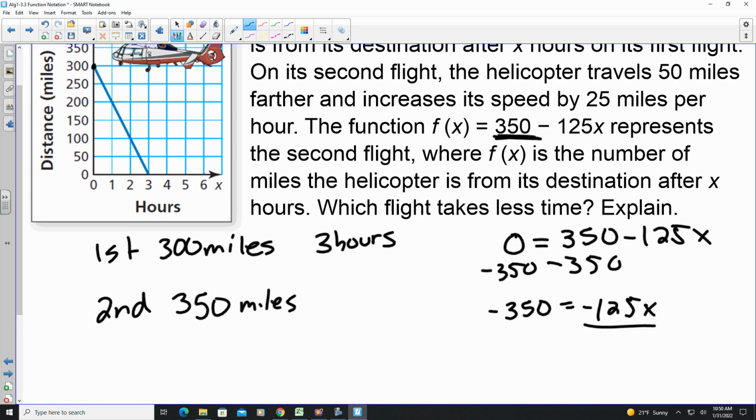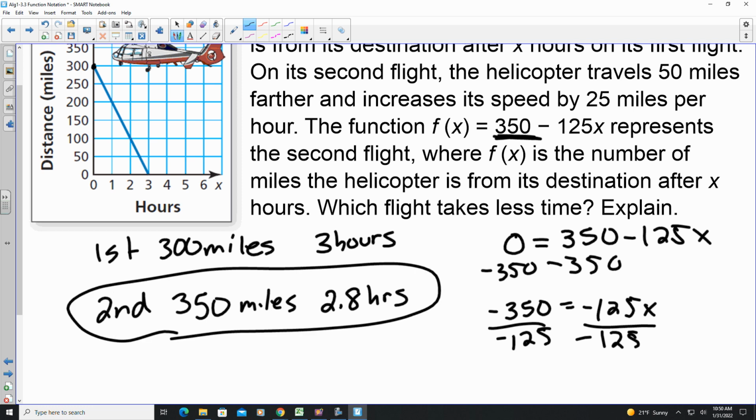And here I'm going to divide both sides by negative 125. Negative 350 divided by negative 125, I get x is going to be 2.8 hours. So which flight took less time? The second flight.